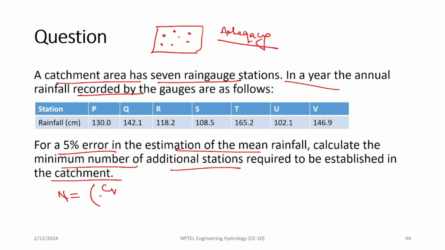So we have to calculate this, and then we will utilize the error percentage that has been given to us, and square it. Based on this, we will count how many rain gauges we need in this catchment. Firstly we count this, and then let's say we need maybe 16 rain gauges. They have already provided 7. So the remaining will be additional stations only.